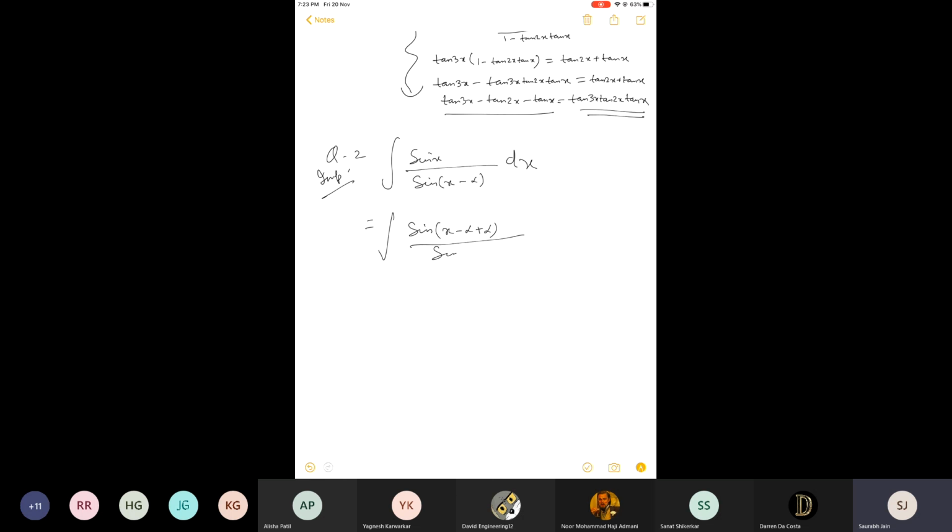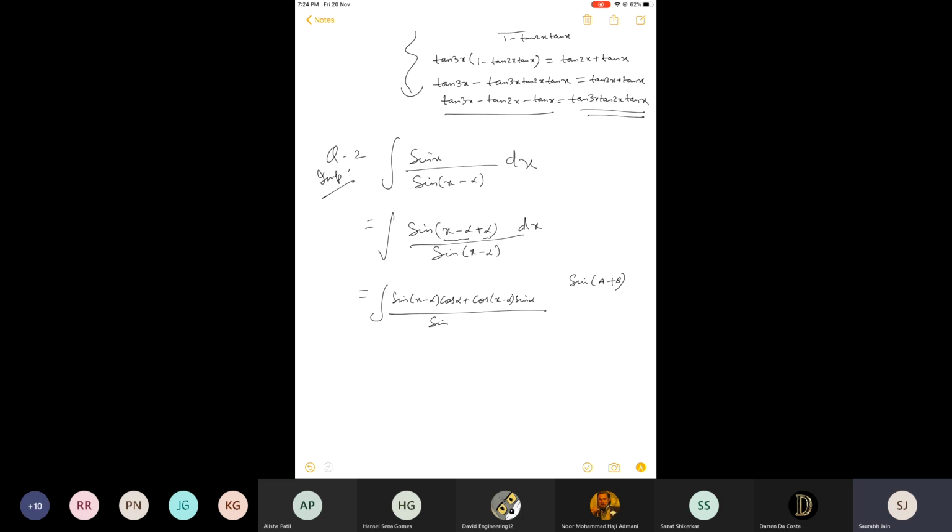Observing the denominator, I have subtracted and added alpha in the angle itself. Now I will take this as a single term and this as the other term and use the formula of sin(a plus b). The formula of sin(a plus b) is sin a cos b plus cos a sin b.